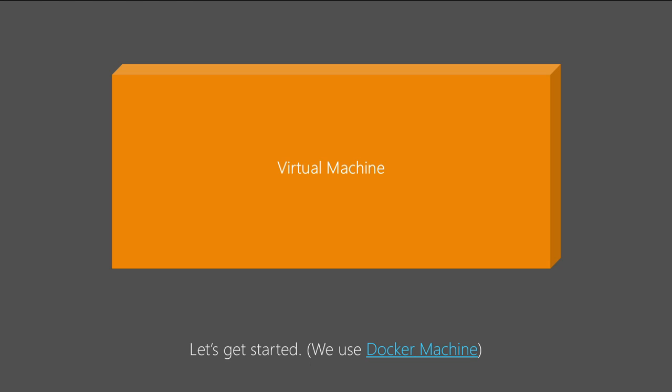They have drivers for all the major cloud providers, Azure, one that rhymes with AWS, and even things like VirtualBox so that you can have a box locally. So we have a virtual machine; I've already set that one up. We'll have links to Docker Machine at the end of the presentation.